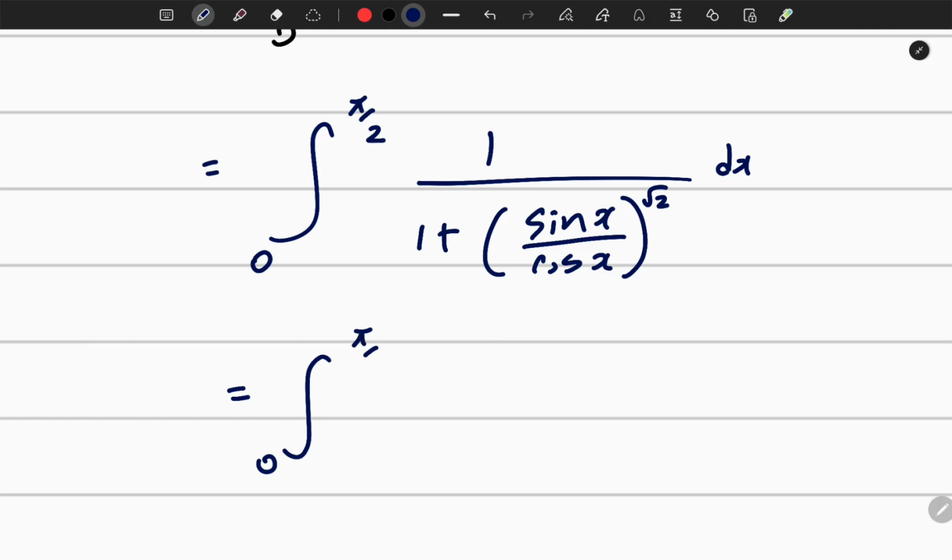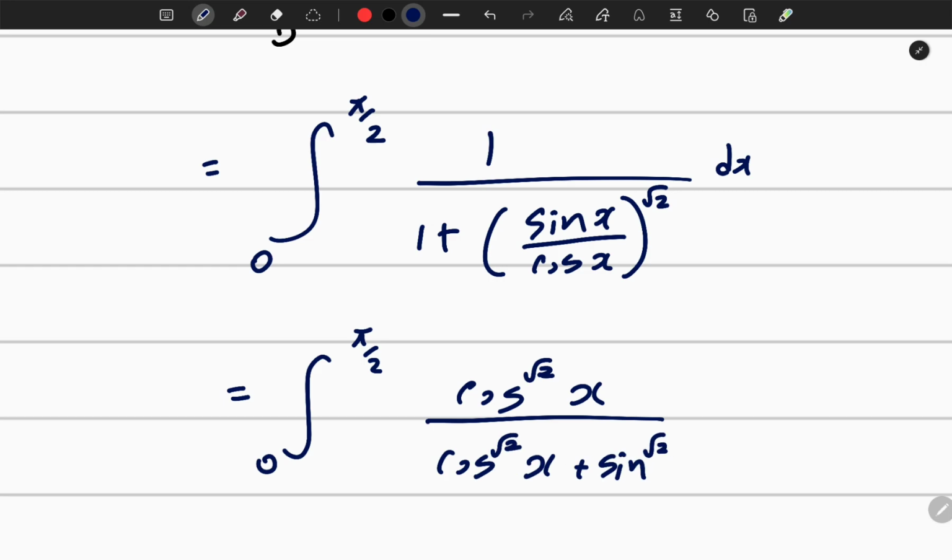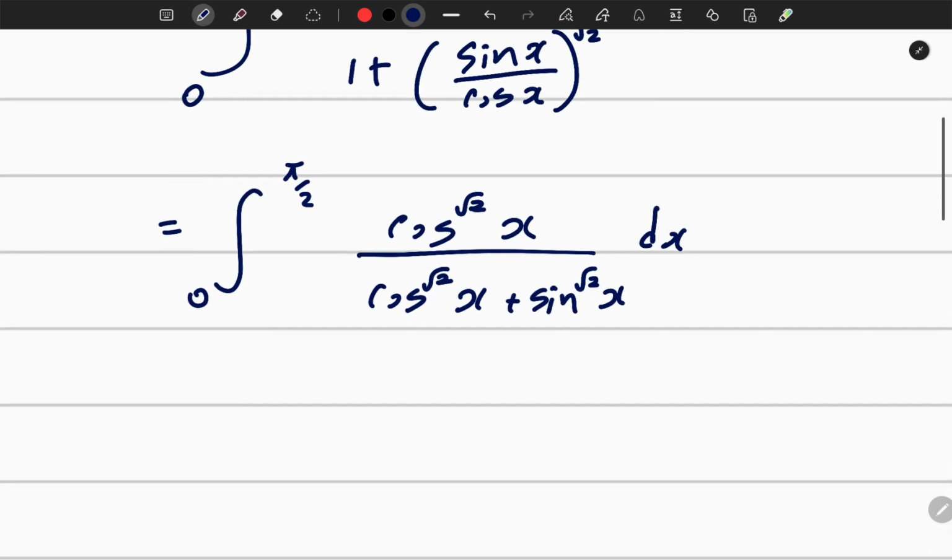Now I'm going to multiply both up and down by cos root 2x, so this becomes cos root 2x over cos root 2x plus sine root 2x dx.